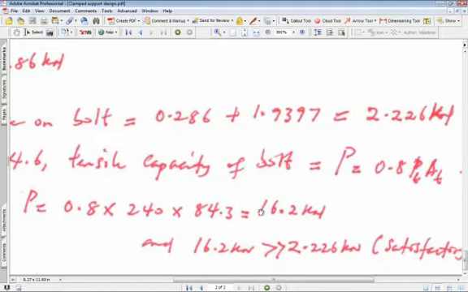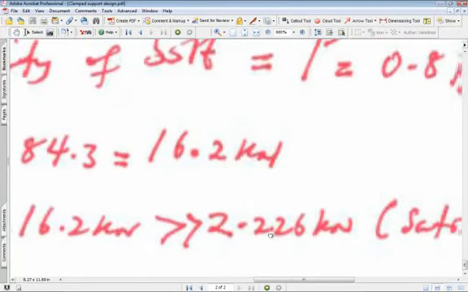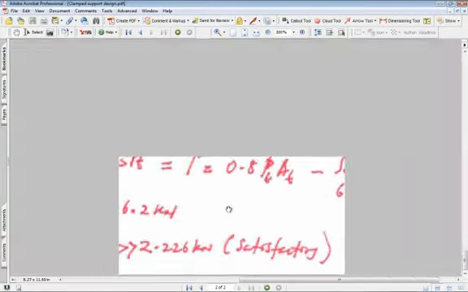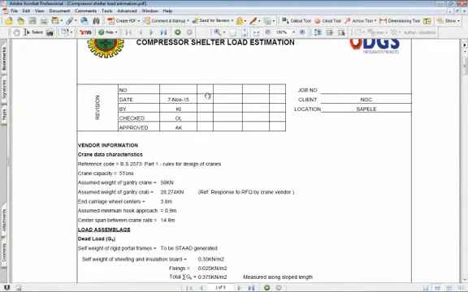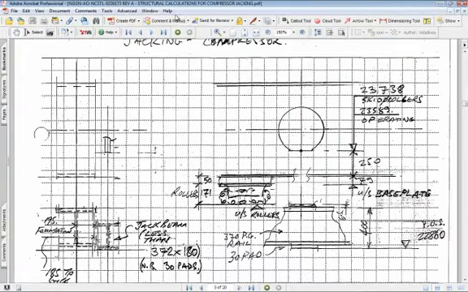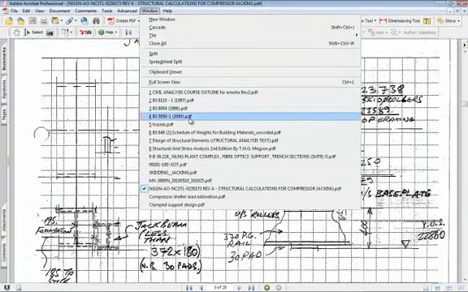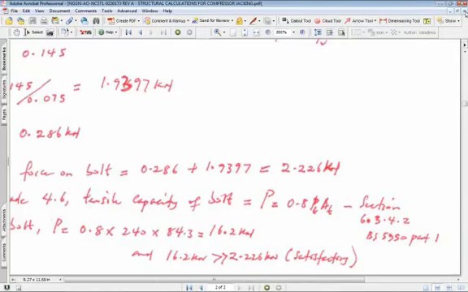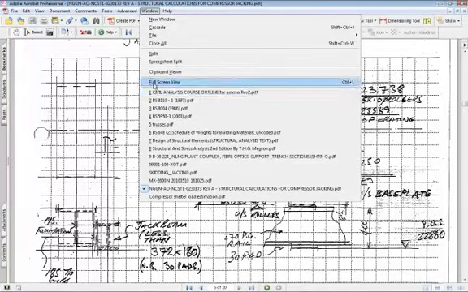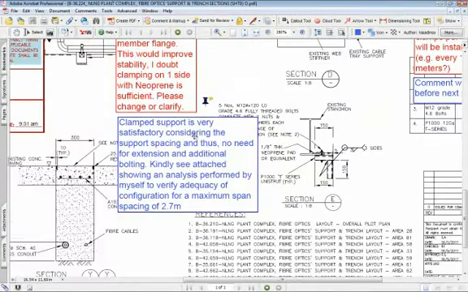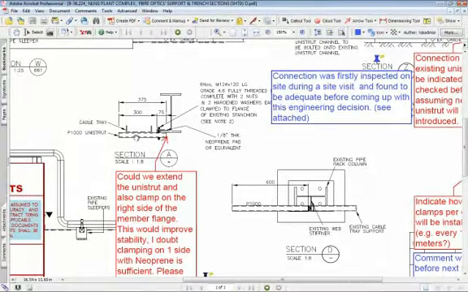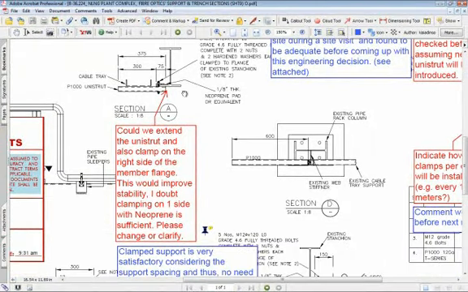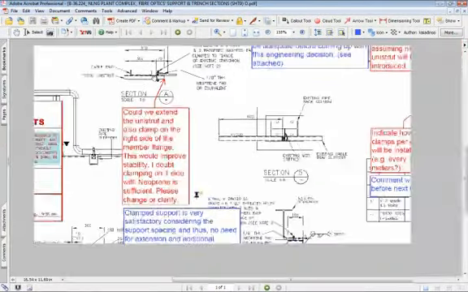Since 16.2 kilonewtons is greater than the force on the bolt, 2.226 kilonewtons, it implies that the structural arrangement under consideration is satisfactory and wouldn't cause failure of the cantilever. So this is a typical example of a cantilever support.